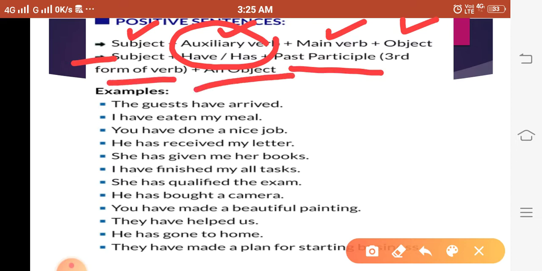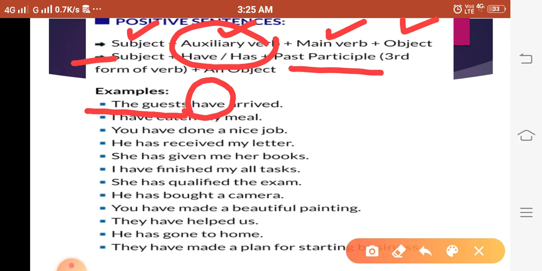Now let's see examples of the same. First example: the guests have arrived. In this sentence, the guests is a plural subject, and with a plural subject we always use have, so have has been used here. Then arrived. Arrived is the third form of the verb arrive.